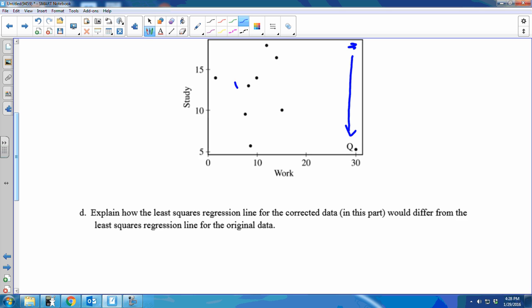Well, if you look at this, it now has a negative association. So you would talk about how you have a negative slope or a negative linear relationship. That Q is definitely going to change the correlation. It's definitely going to change your slope. So you now have a different model, completely different. So you need to say something about that.